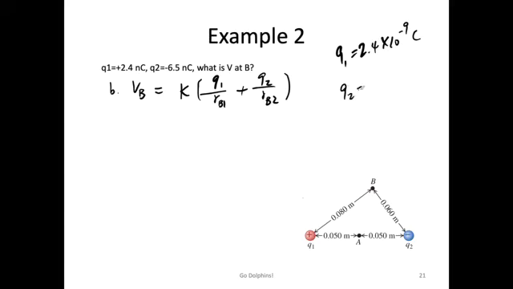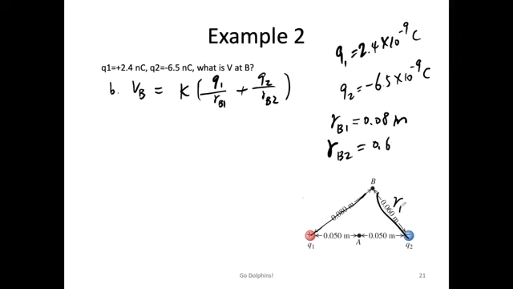My Q2 is negative 6.5 times 10 to the negative 9 coulomb. RB1 is 0.08 meter, RB2 is 0.06 meter. So plug in all the numbers, I find it is negative 704 volts.